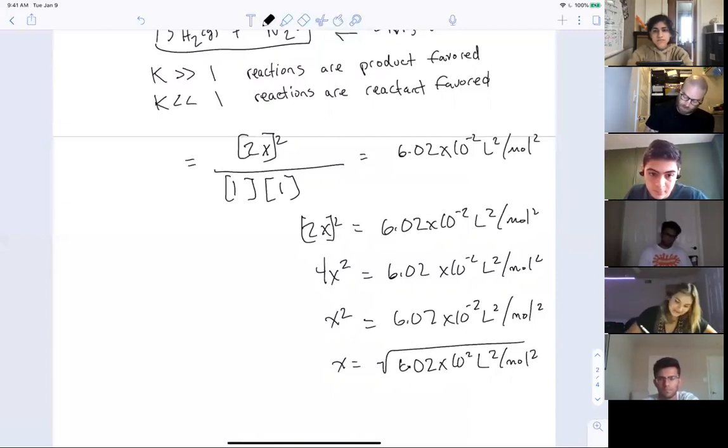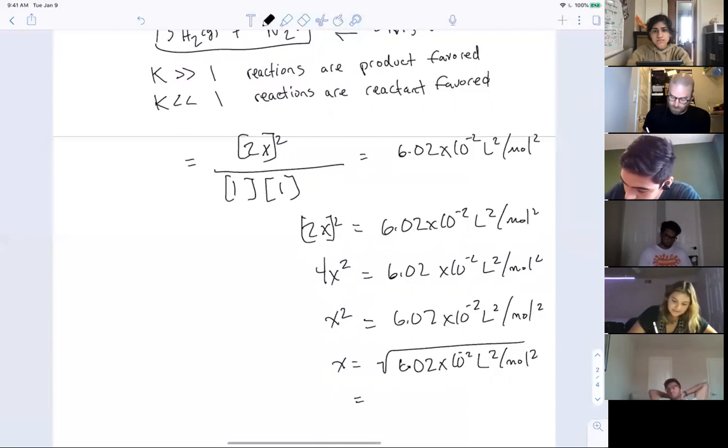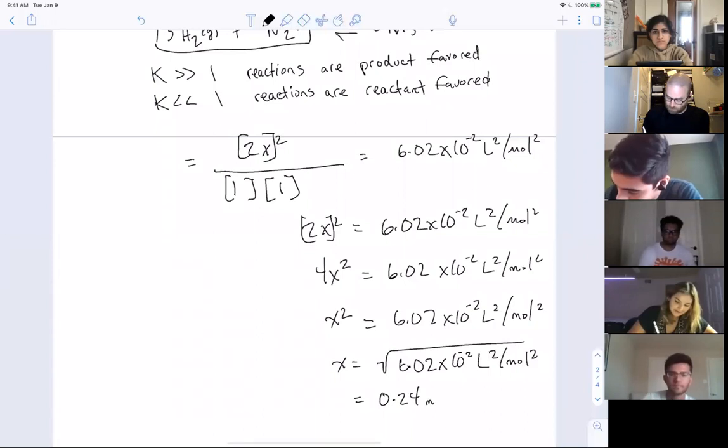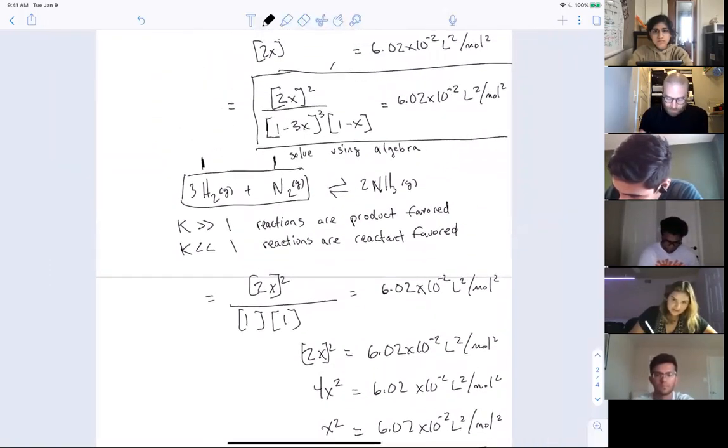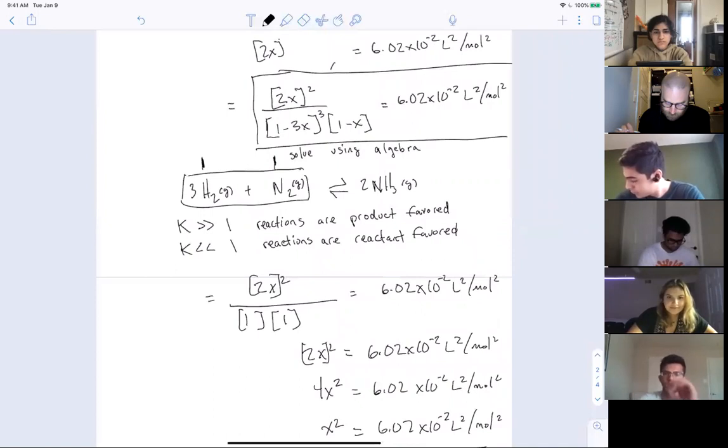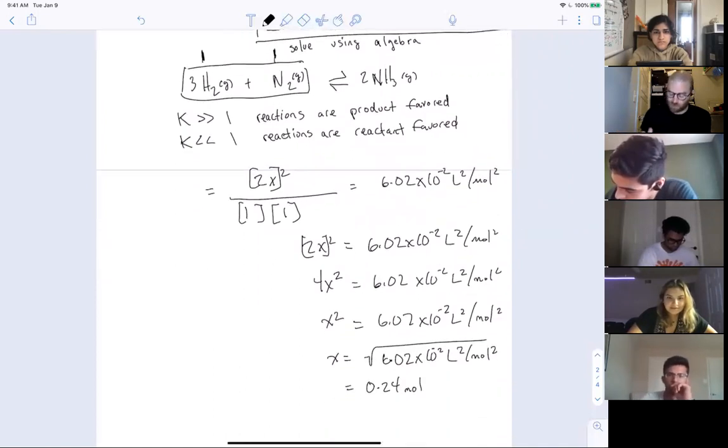So I'm going to punch this in my calculator. Yeah, I picked a bad starting point for a problem.